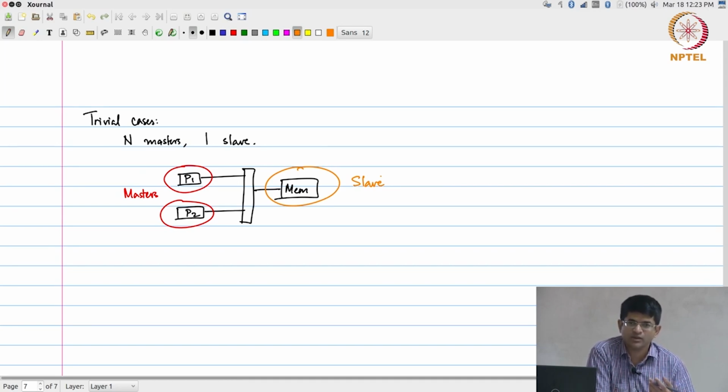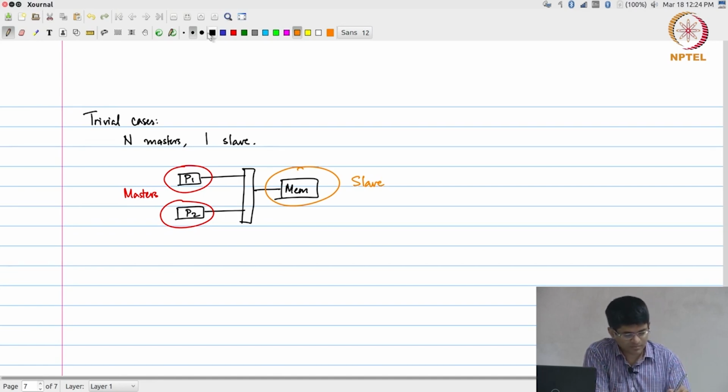So, any time that somebody wants to either put data in there or get data out of it, they will make a request, right. The memory by itself is not going to volunteer information. So, it's a slave in this case, very clearly defined. If I have two different CPUs, both of them potentially at any point in time might want to read some data from the memory, therefore, they are both potential bus masters.